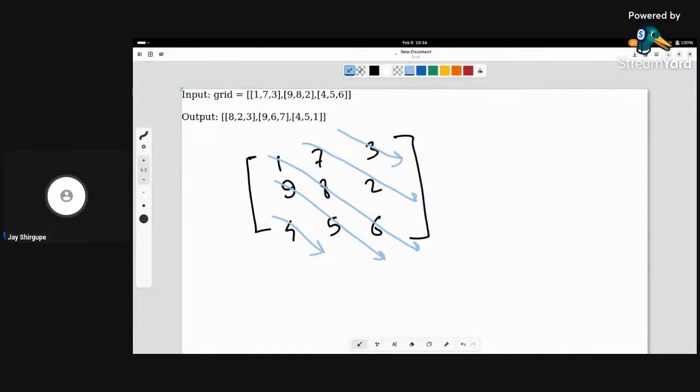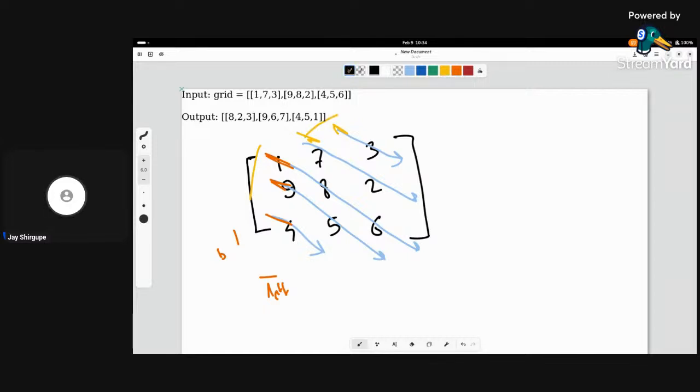Which are the bottom left diagonals, including the middle diagonal? These 3 are the bottom left diagonals, and the remaining are the top right diagonals. We had to sort these bottom left diagonals in non-increasing order and the top right ones in non-decreasing order.